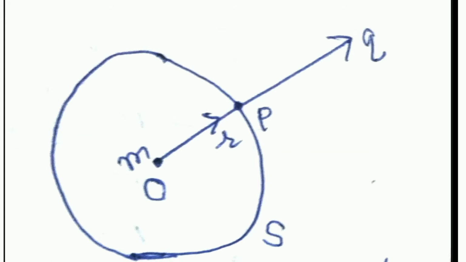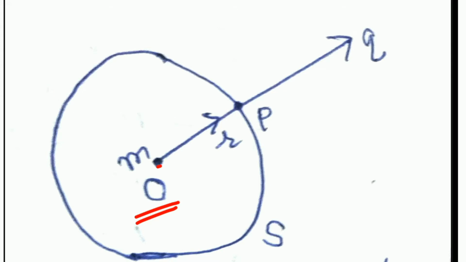Consider a simple source m at this point O in a fluid which is presumed to contain no other sources or sinks and which would otherwise be at rest.